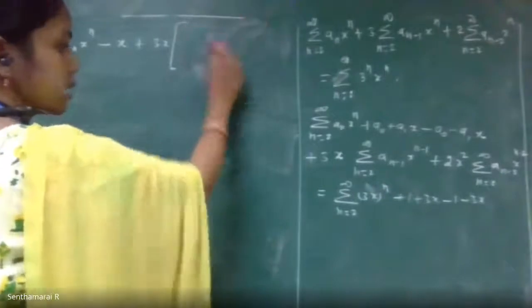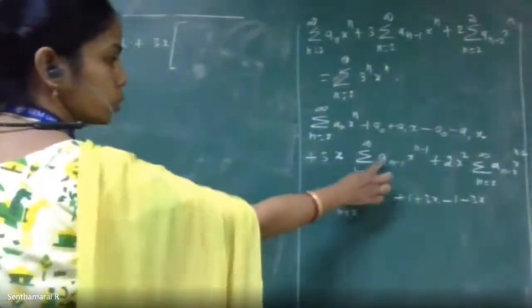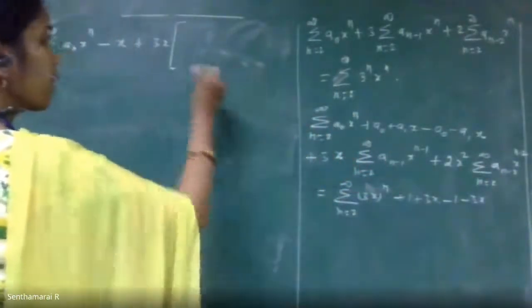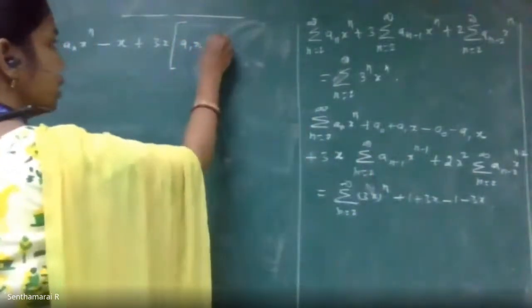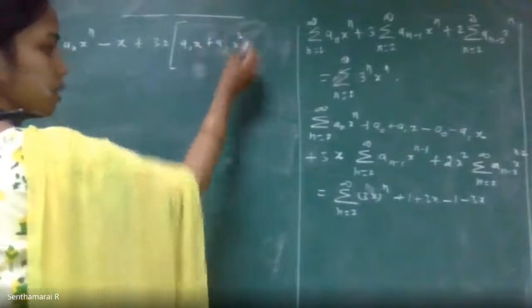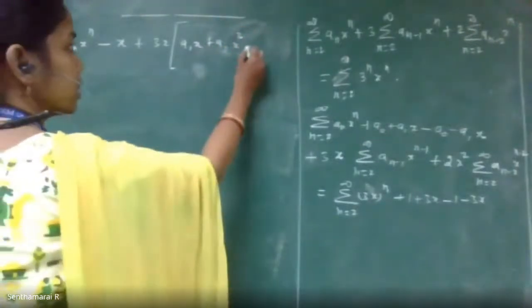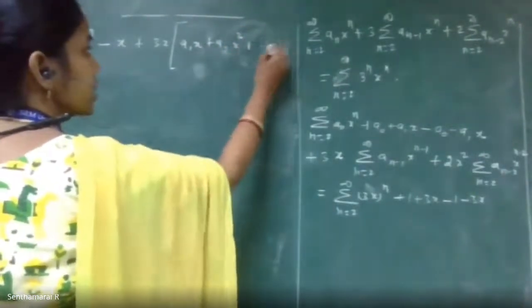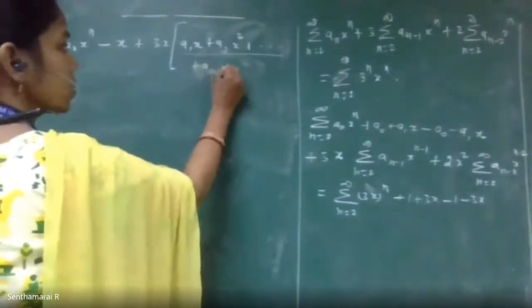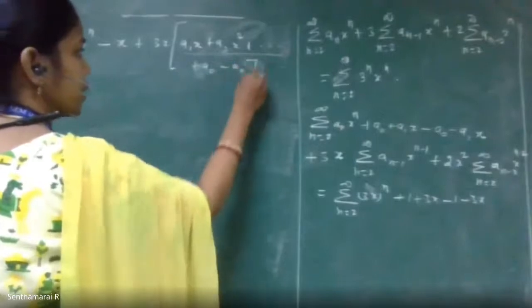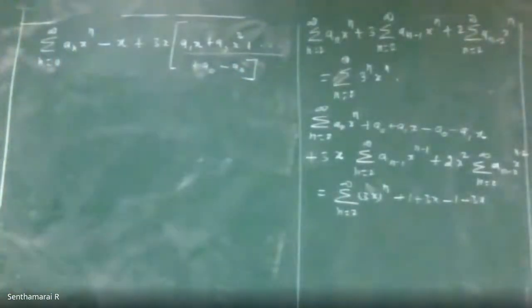When you expand the summation, n equal to 2, a1 x comes. N equal to 3, a2 x squared comes. But in the summation, we missed a naught alone. So I added and subtracted. Now it will be very clear to you.